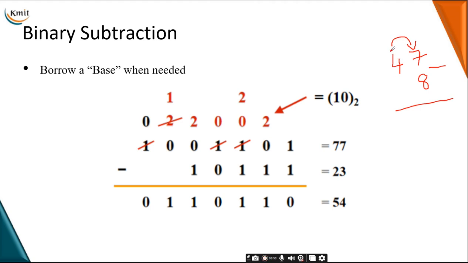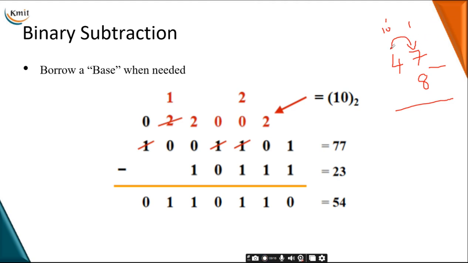Now when a positional weight is moving from the highest to the next lowest position, the difference between these two, 10 power 1 and 10 power 0, is that the positional weight difference is 10.